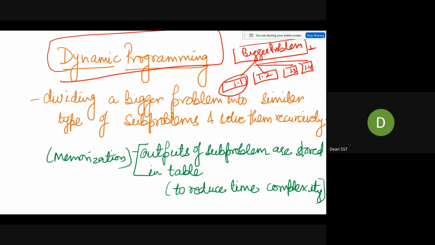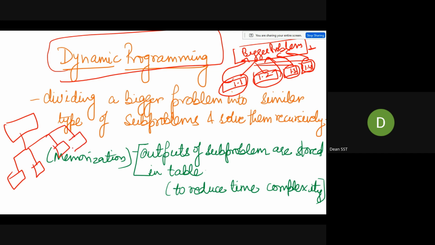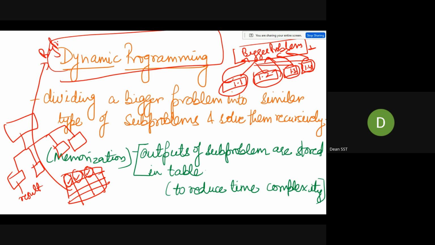Then we use these solutions for solving the bigger problem. We divide the bigger problem into smaller problems, store whatever results we have in a table, and later utilize these results to solve our big problem. Is it clear?